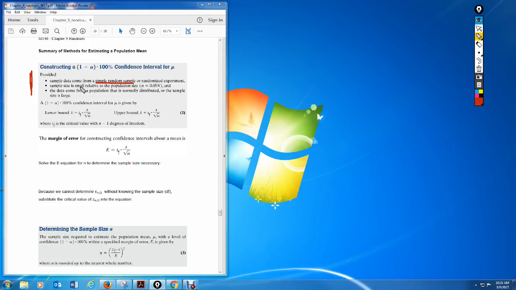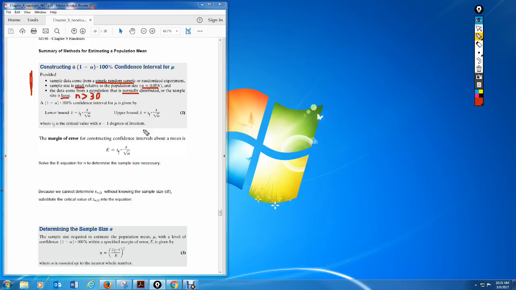Your sample size needs to be small relative to the population, and we've seen this before. The sample size needs to be less than 5% of the population size. And the data need to come from a population that is either normal or the sample size has to be large enough. And again, the threshold for that is that the sample size should be greater than 30.